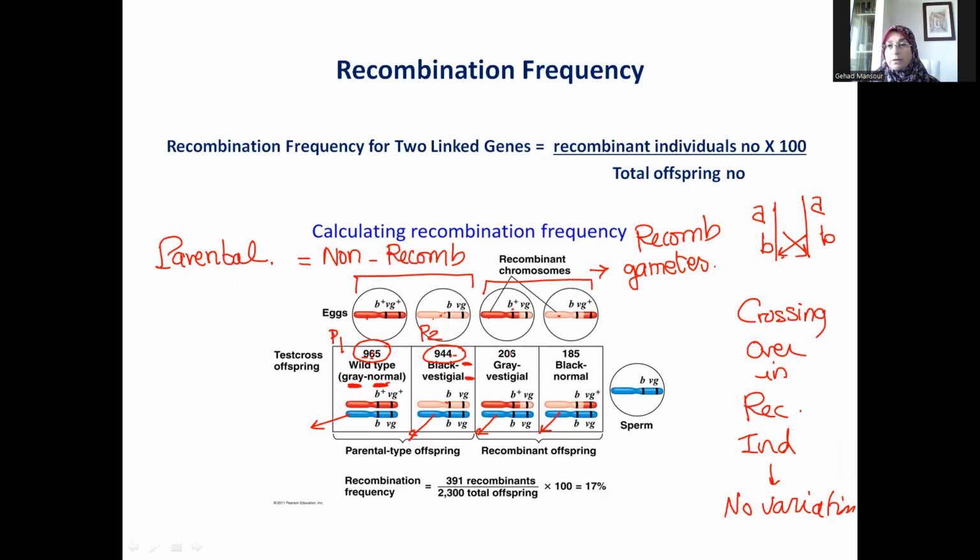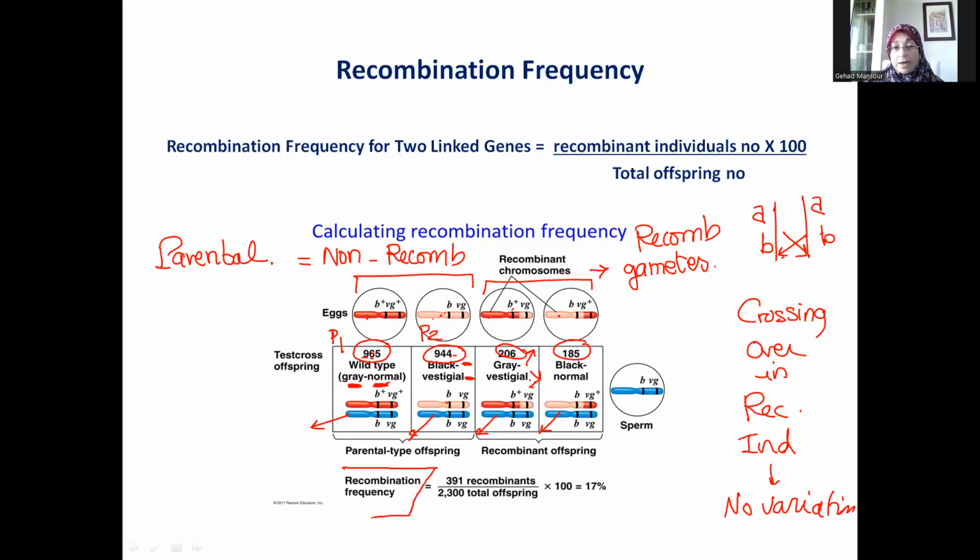But when we did the dihybrid test cross, as we mentioned in part 3, we had 206 individuals that took the dominant gray color from one parent and vestigial wings from another parent, so they are recombinant, and we have 185 that are recombinant.